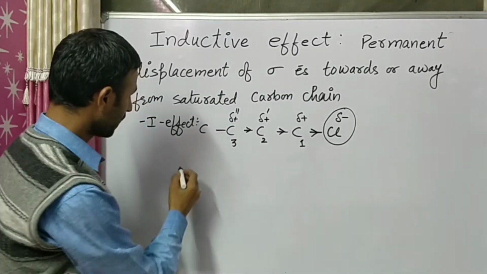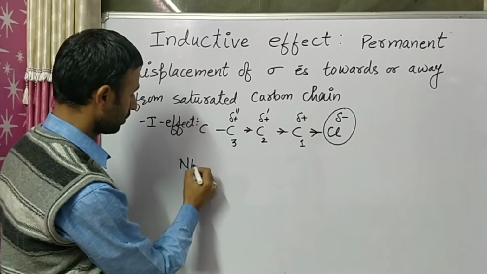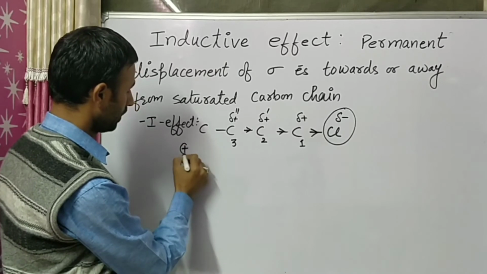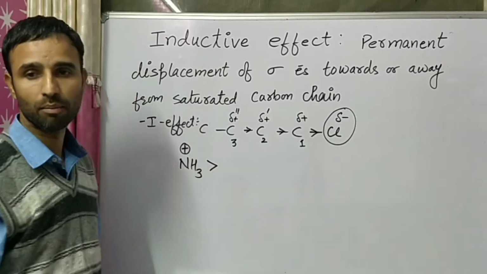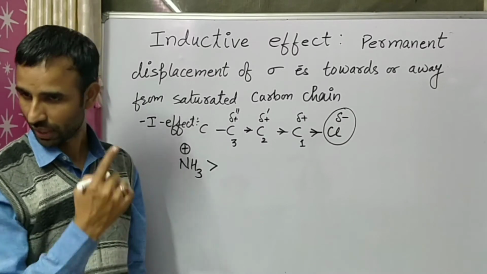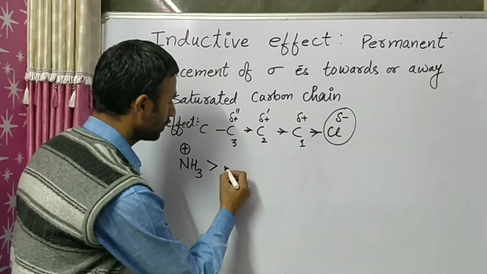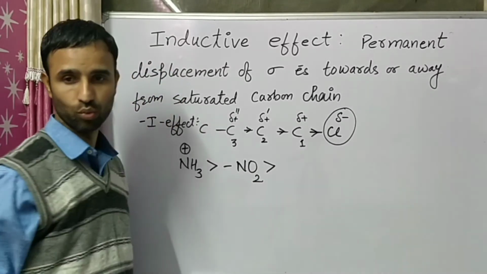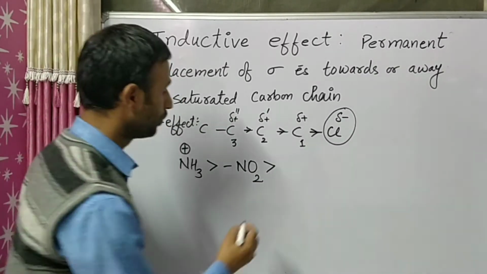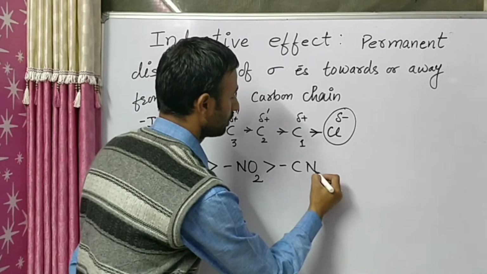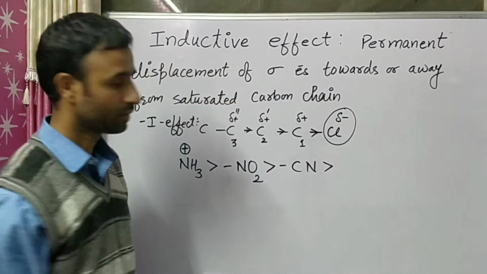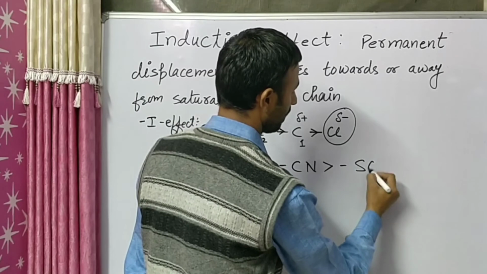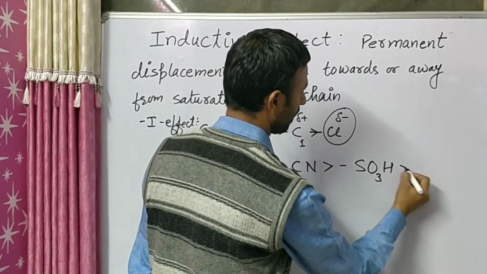Clear? First is NH3 positive. It has maximum minus I effect. Second is NO2. Then third is Cl. Then SO3H.